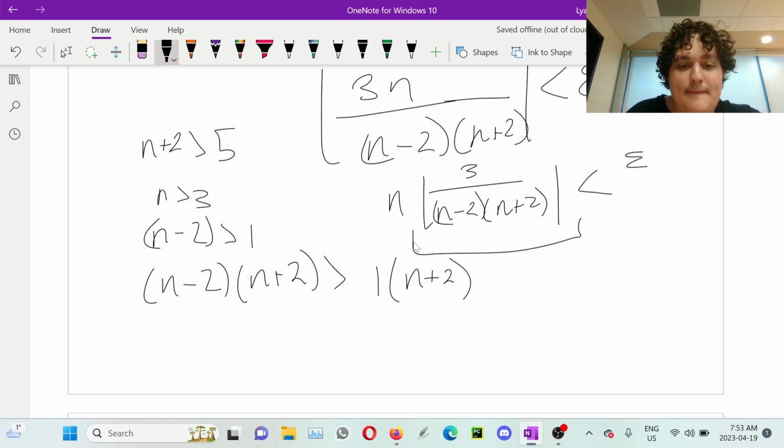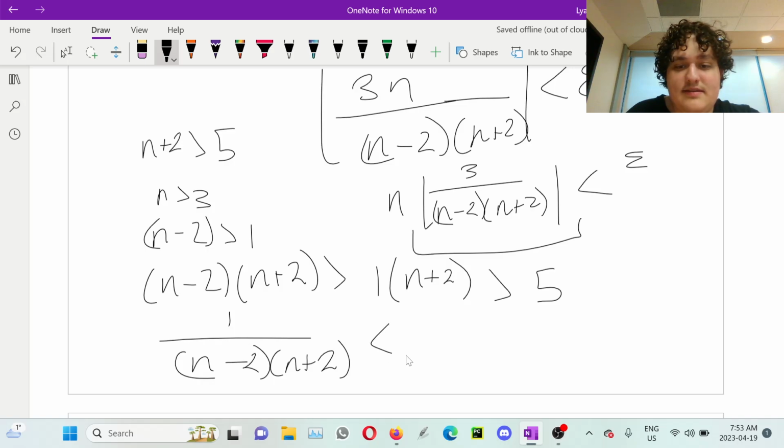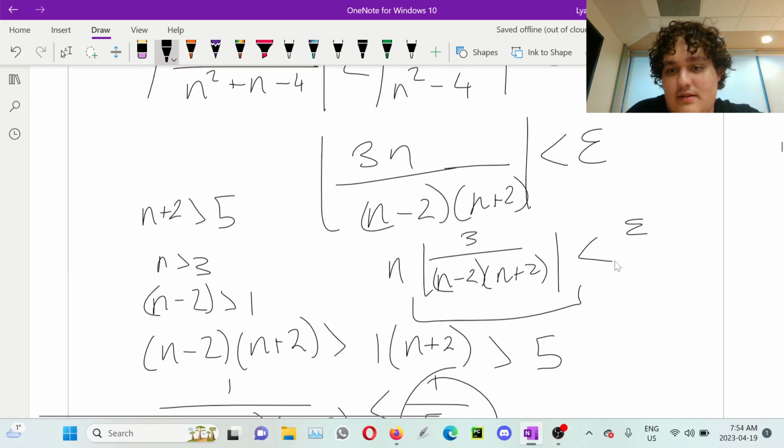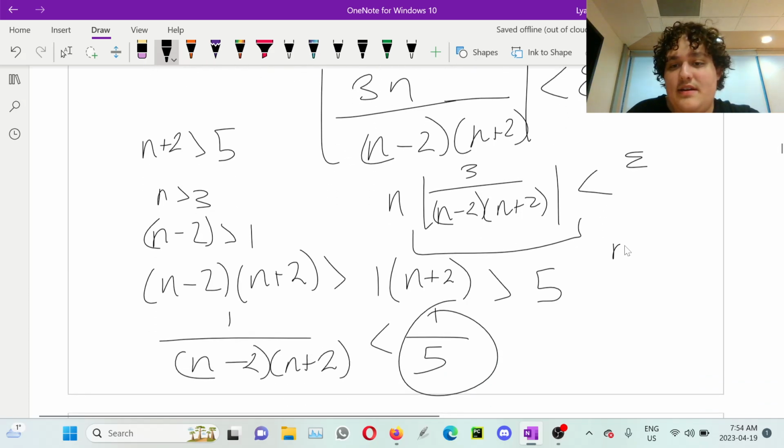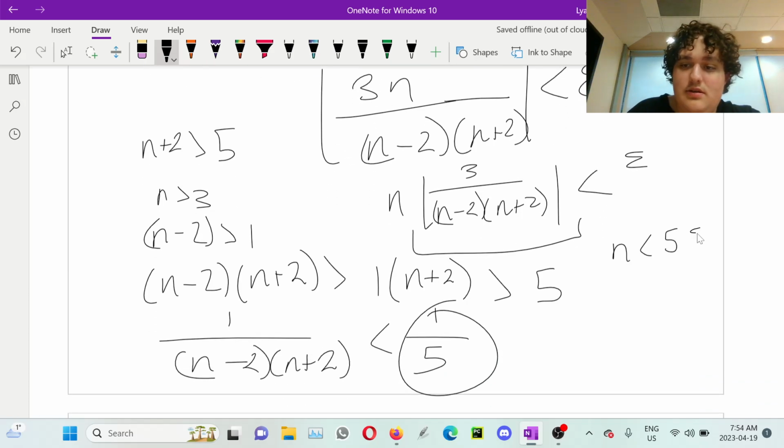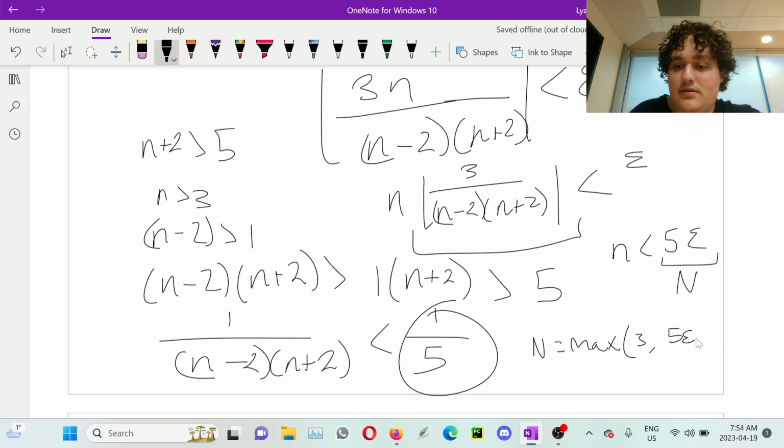So I can say that this is bigger than 5. Okay, but now I know that 1 over n minus 2 times n plus 2 is less than 1 over 5. So 1 over 5 is an upper bound. So I can say that n is less than 5 epsilon. So this I can choose to be my n. I choose n to be the maximum of 3 and 5 epsilon.